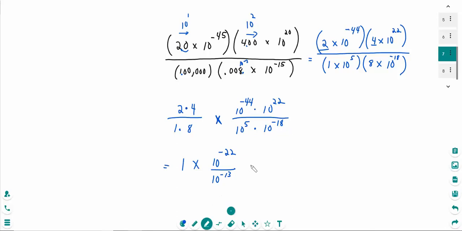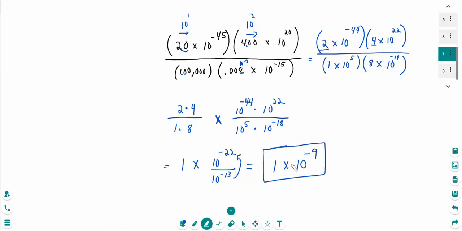All right, now last step here is we want to move this 10 to the negative 13th up. So it's going to be 10 to the positive 13th. So we're going to have 1 times a 10, positive 13, and negative 22 is going to be a negative 9, right? So we end up with 1 times 10 to the negative 9th.